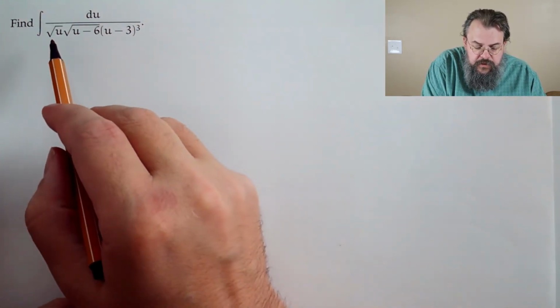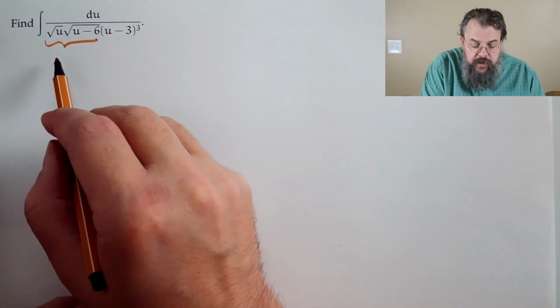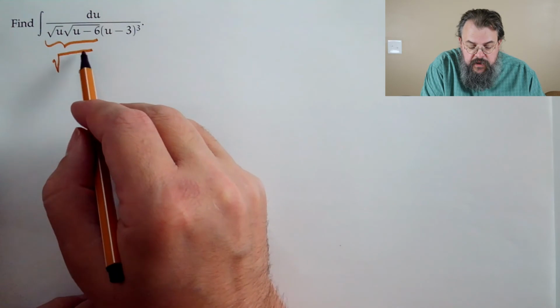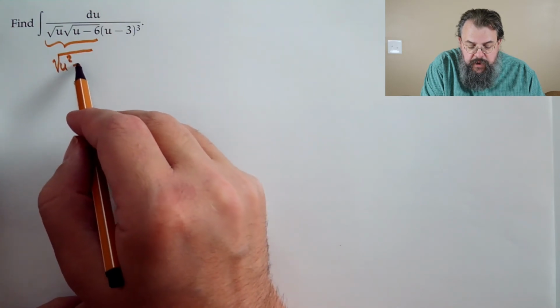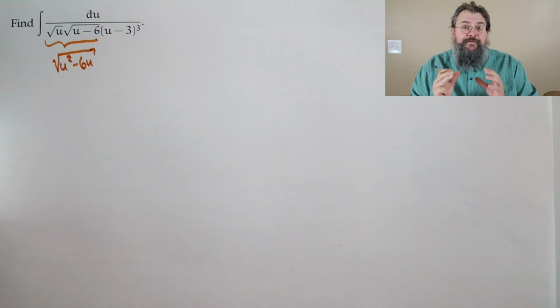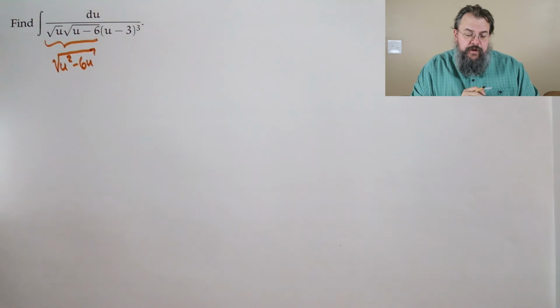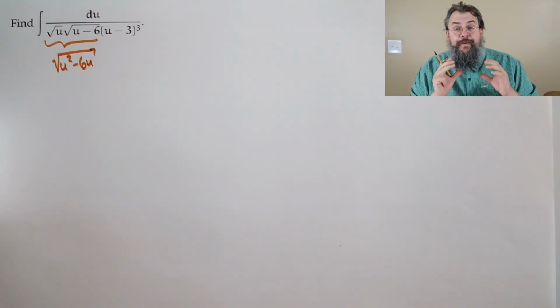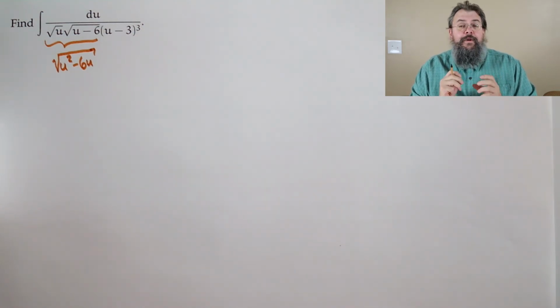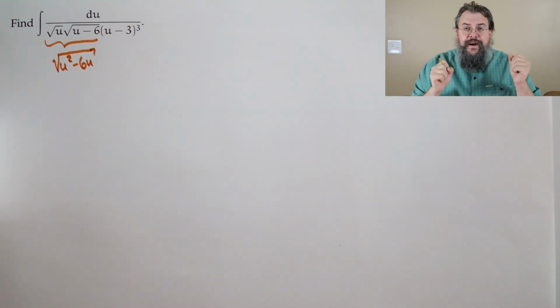So what we can do is we can talk about combining. So this is the square root of u squared minus 6u. Now that feels a lot more along the lines of what we would think of when we think of trig substitution. But we're not there yet, right? Because when we want to do trig substitution, we want to have something varying squared and a constant squared.